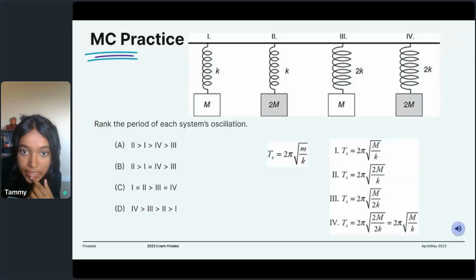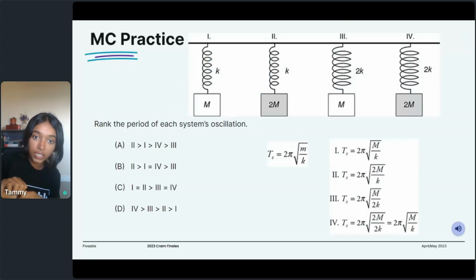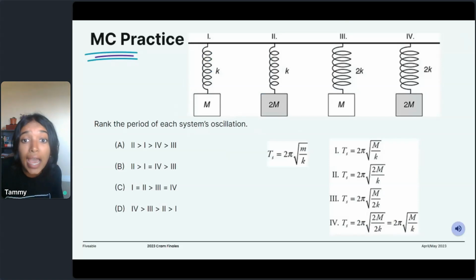And next is the k value is 2 for option 3. And that is in our denominator. Whatever's in the denominator, it's going to make the period decrease when you increase the denominator. And finally, option 4 gives us 2k and 2m. Basically, what happens is it just cancels out because both are 2, right?